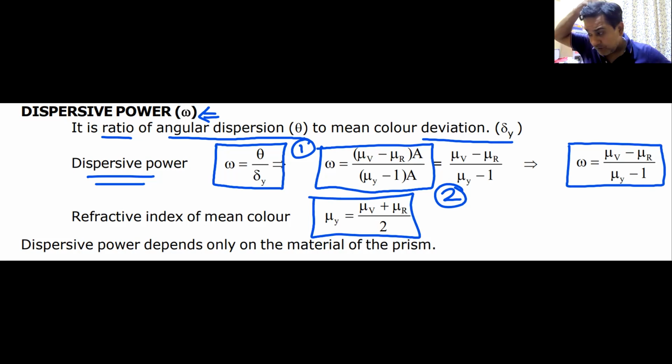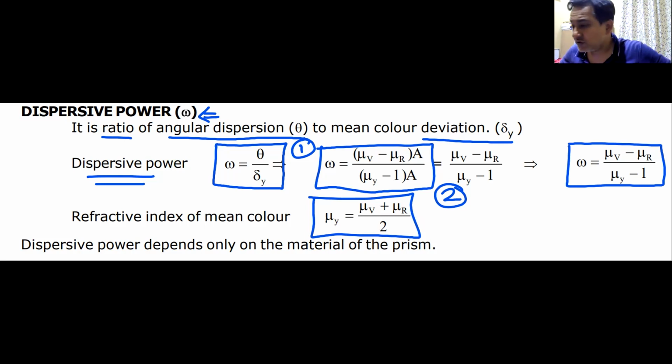I hope dispersive power is clear. Don't get confused between terms. The only mistake that you can make in this particular topic is mixing of terms. What is angular dispersion, what is deviation, what is mean deviation, and what is dispersive power.